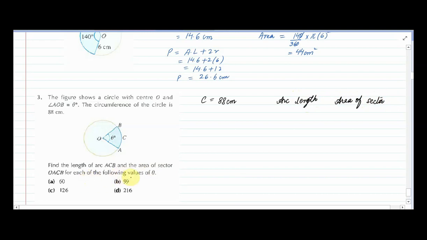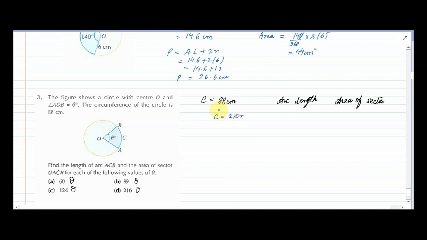For each of the following values of theta, means these values are basically your angle, right? So first thing, you need to use that condition, circumference. Now what is circumference of a circle? Circumference formula is 2 pi r.